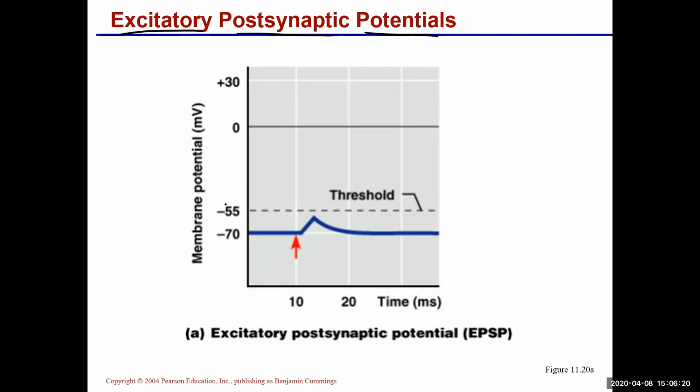Obviously, you can see it didn't reach negative 55, so this signal did not cause the action potential, but it went really close. So let's say the neurotransmitter bound to its receptor opens up, and certain calcium or sodium goes inside. Sodium is a positive ion, but very soon the enzyme is going to break it down and that channel is going to close. Not enough sodium went in to cause the postsynaptic neuron to get to negative 55, which was the threshold.